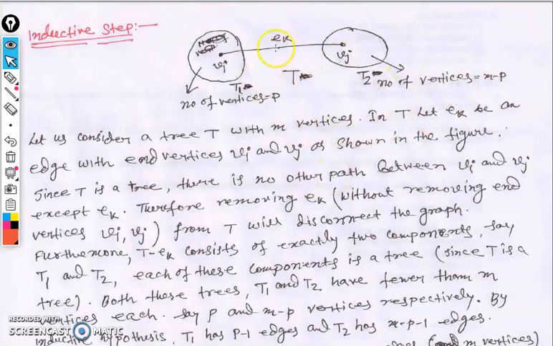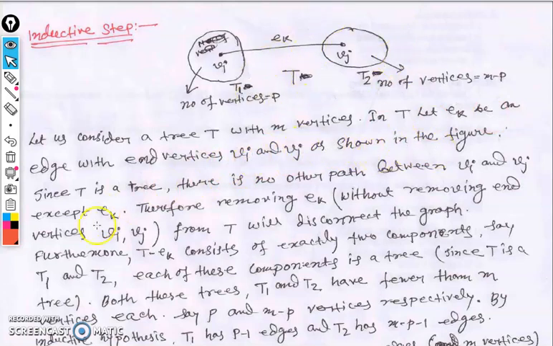Here we consider the number of vertices. Let us consider a tree T with m vertices and let there be vertices Vi and Vj as shown in the figure.